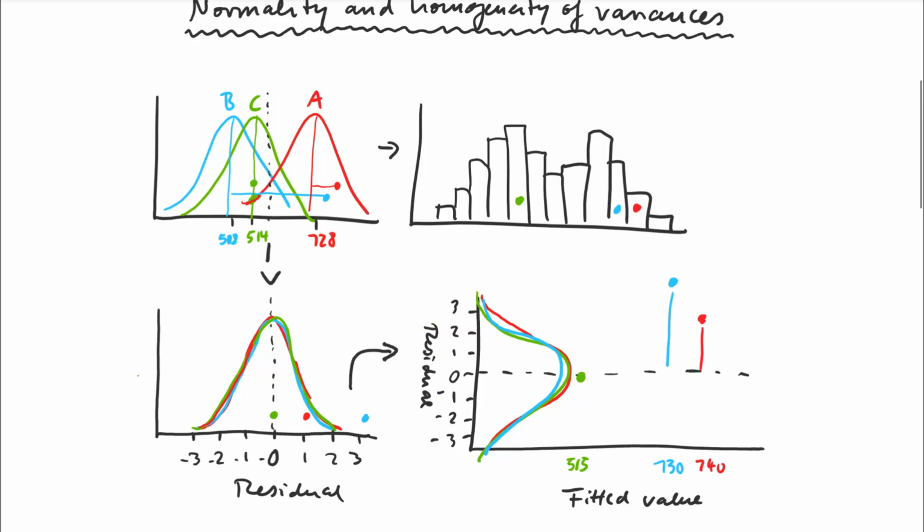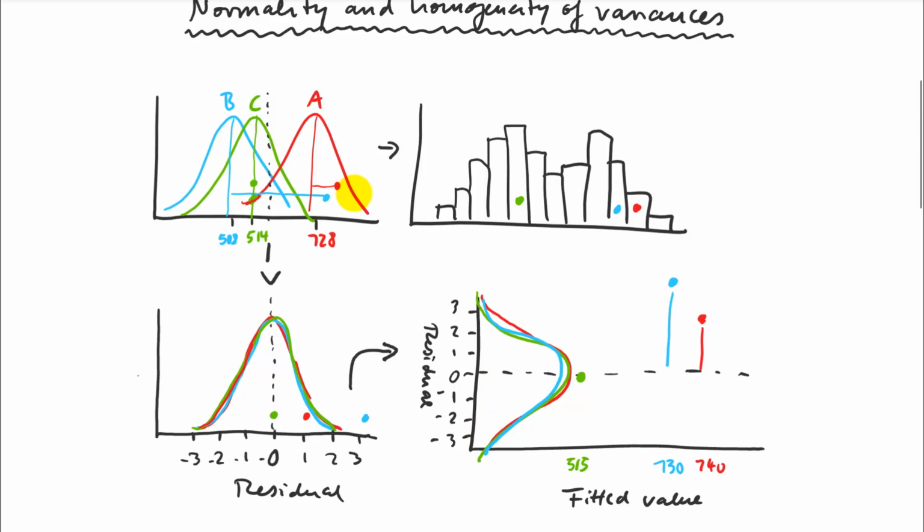It's called a residual over fitted value. That can be original units, but normally if you have other effects in a multi-factor design, like blocks, they usually get slightly adjusted according to the other effects. That's why they're called fitted values, but they are still representing the magnitude of your measurement. The bigger measurements are to the right and the smaller measurements are to the left, and then your residuals, how far they are away from the respective mean, are your y-axis.